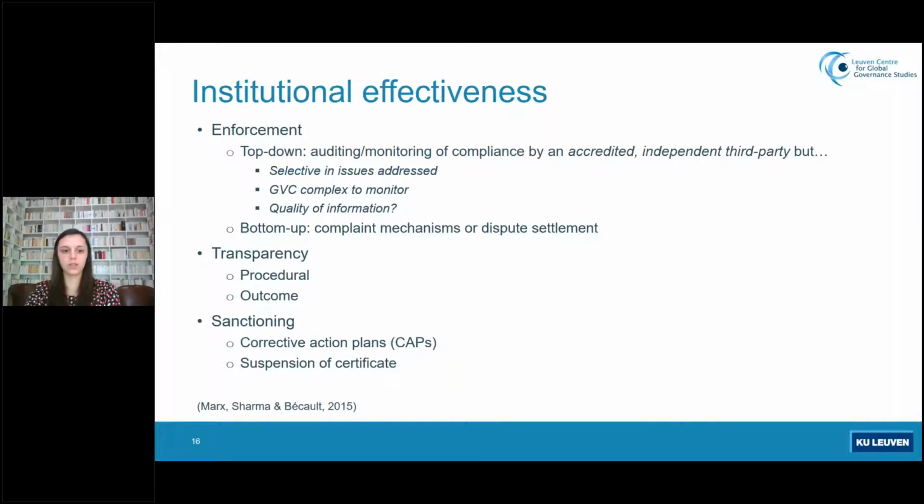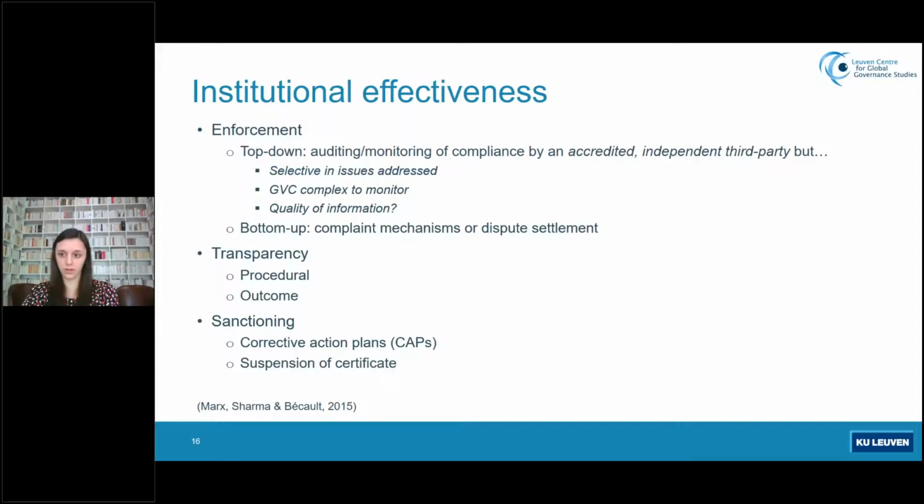And this is quite constructive because it provides a lot of support to VSS adopters, because they might not always have managerial or knowledge resources to implement the standards into their practices. So corrective action plans can really be helpful in that sense.